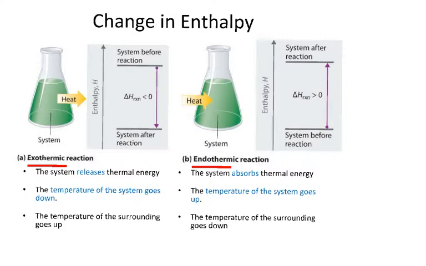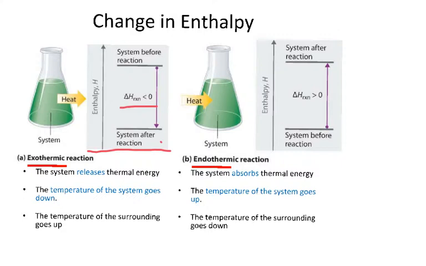So if we have enthalpy increasing, if you have some initial enthalpy and an enthalpy after a particular reaction, a final enthalpy, if the initial one is larger than the final one, then heat is going to be released because the change in enthalpy is going to be less than zero.